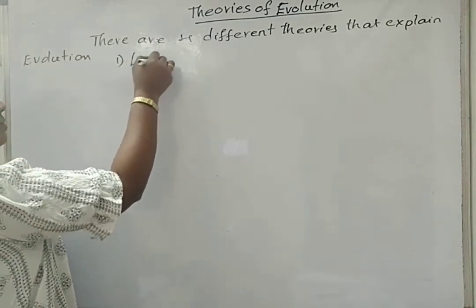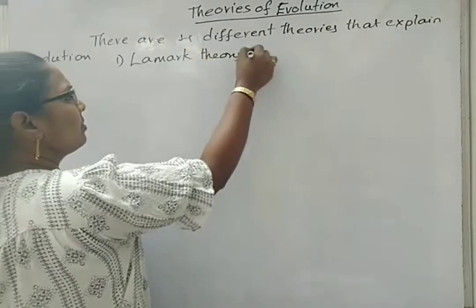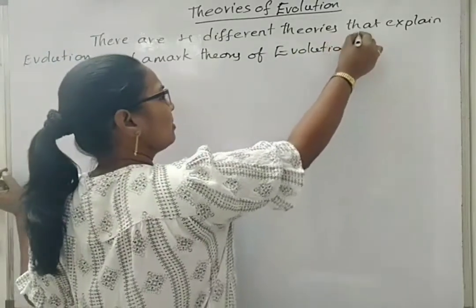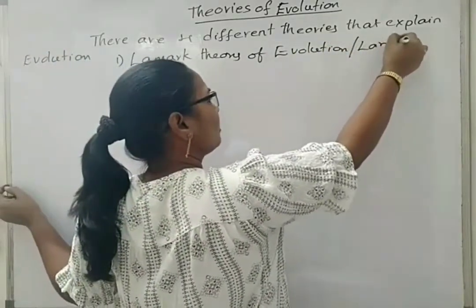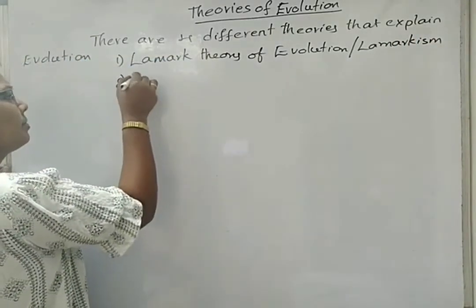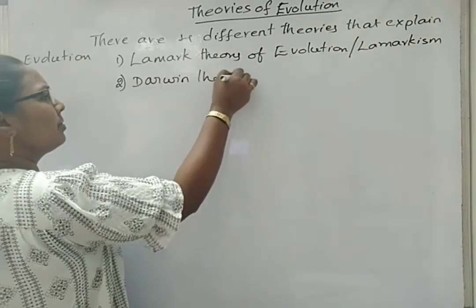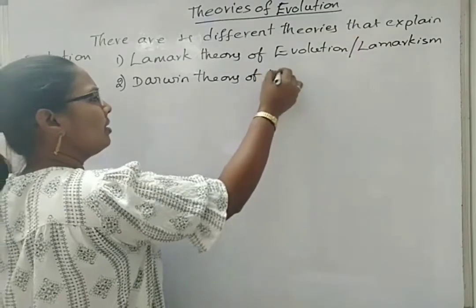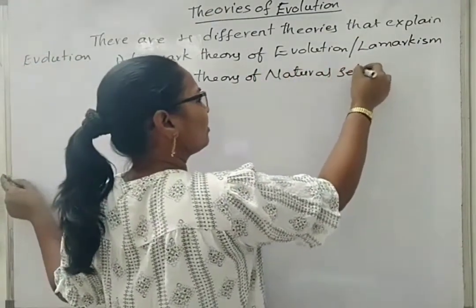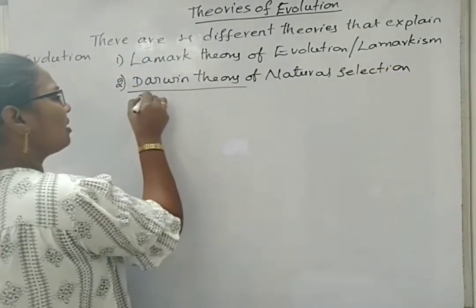First one, Lamarckism. Second, Darwin theory of natural selection, which we also call Darwinism.